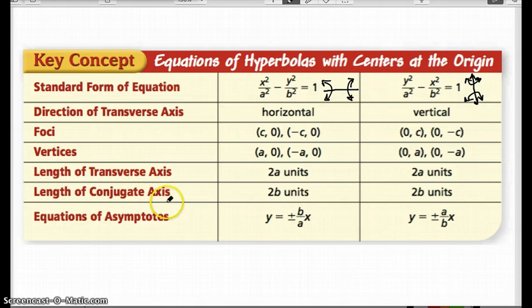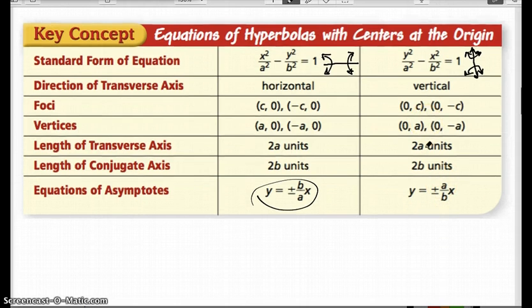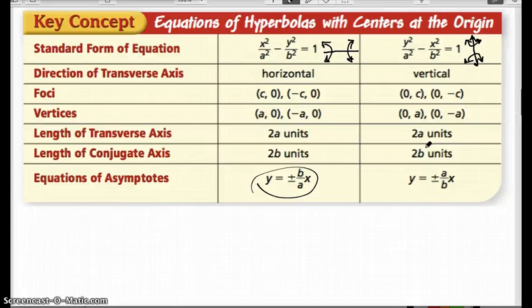The length of the conjugate axis is given as 2b. I know this still might seem dubious, but we'll discuss it. And the equations of the asymptotes are given in this situation as plus or minus b over a times x, or plus or minus a over b times x. So with this, we're going to use this idea to get to the equation that we're dealing with.